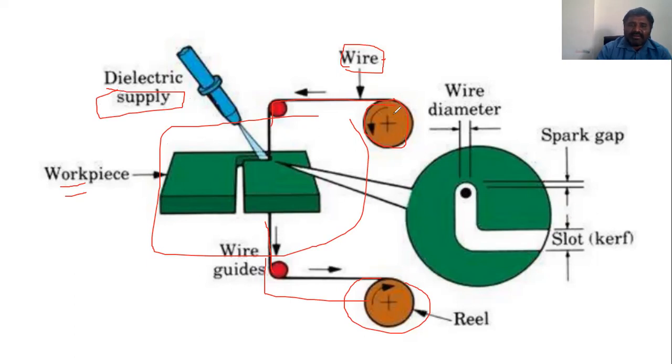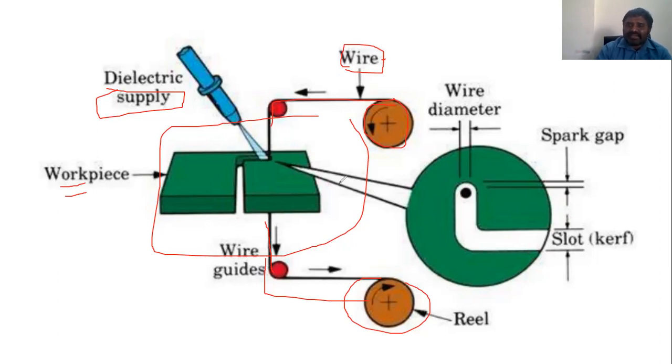When we move this wire near the workpiece, a spark is generated due to ionizing through the dielectric fluid.